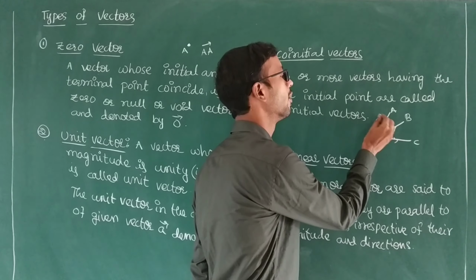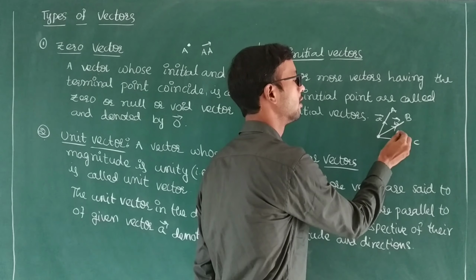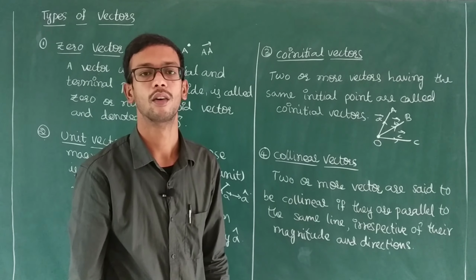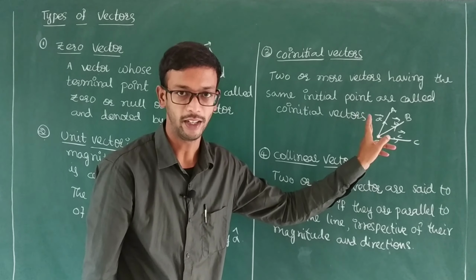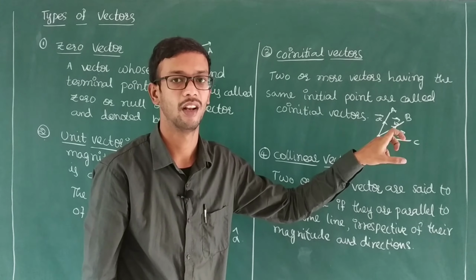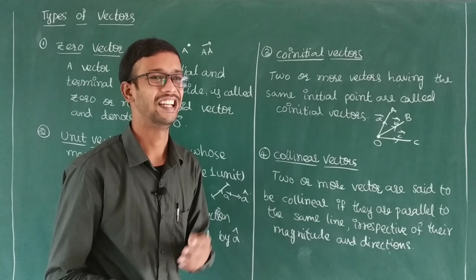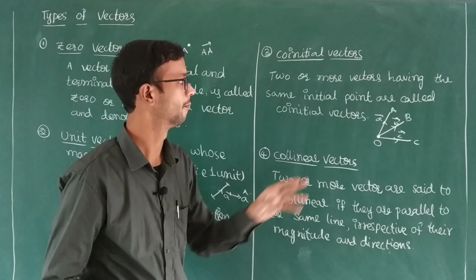Otherwise, we can denote them A bar, B bar, C bar. What is the initial point? Initial point is O. So the three vectors are called co-initial vectors. Four are also possible. Minimum two we have to take as co-initial vectors.